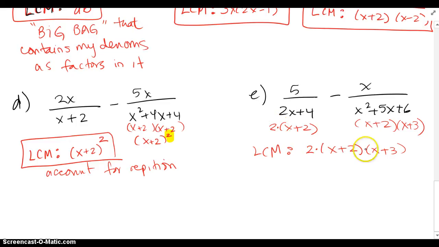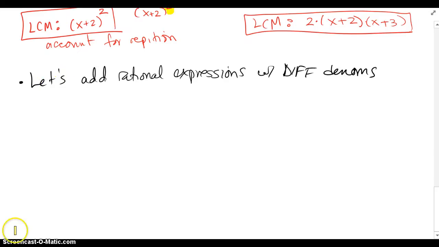So these are the three factors that I need, and I only need an exponent of 1 for all of them because under each denominator it only occurs once, so I don't need to account for this twice. This big bag contains these two guys, and this big bag contains these two guys as well. That's my LCM.